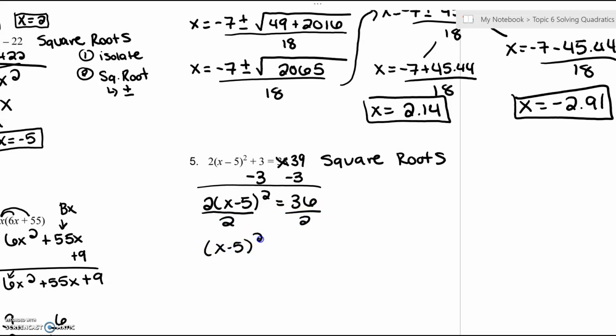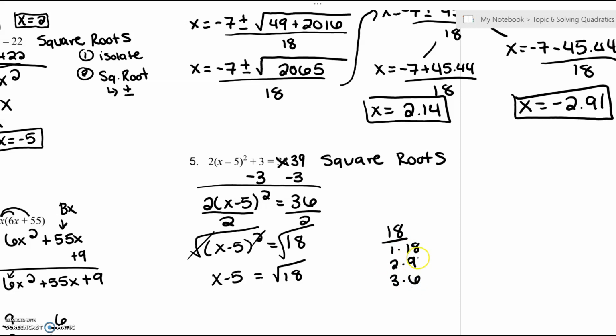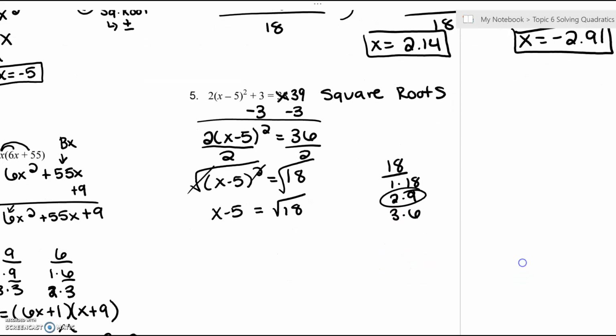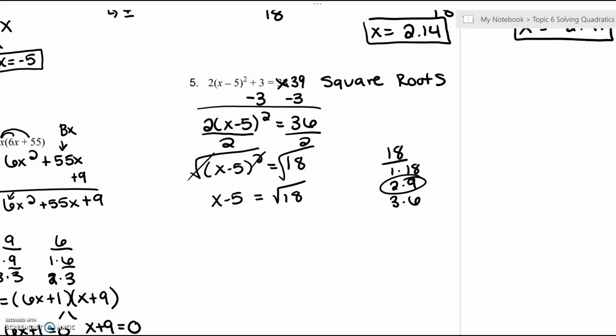(x minus 5) squared equals 18, and this is really nice because when everything is being squared on one side, I can take the square root and they cancel. So the square root cancels the square, and I'm left with x minus 5 equals, and 18 is not a perfect square, so sad face. So I have the square root of 18, but we can really quickly simplify that by listing the factors of 18, realizing that 2 times 9 has my largest perfect square partner.